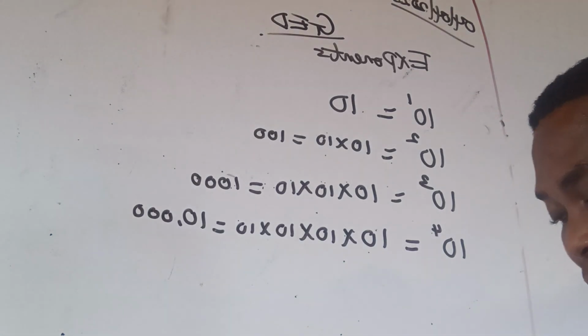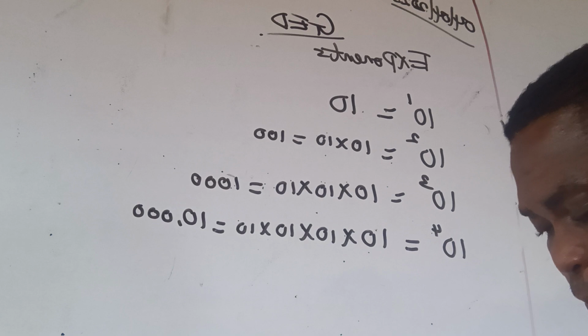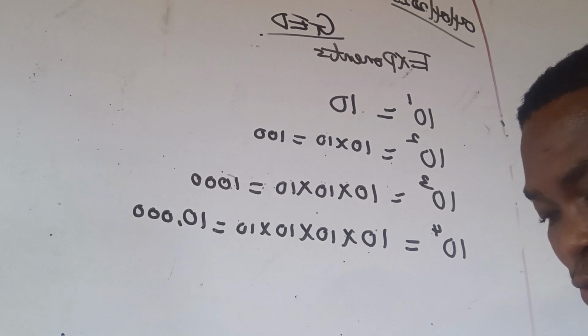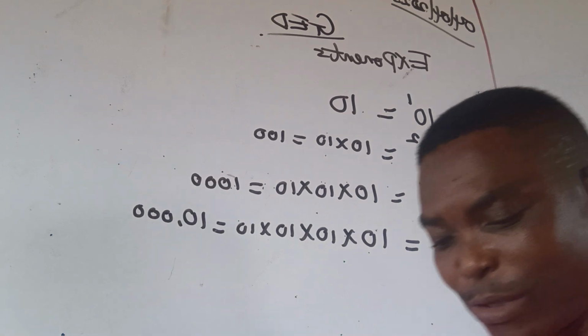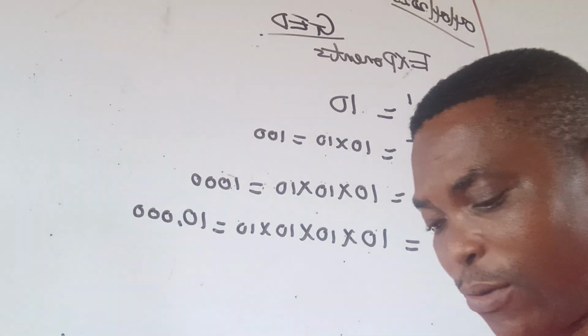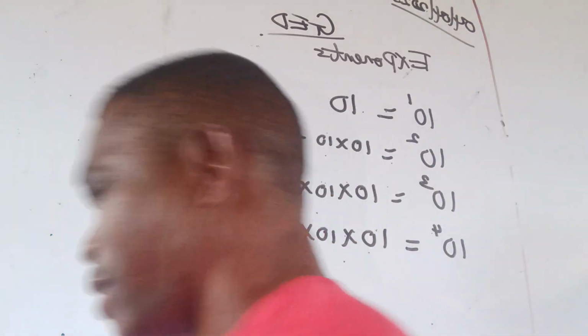Then when we have negative powers of 10, they are also useful for writing very small numbers. Any number to a negative power represents a fraction or decimal.